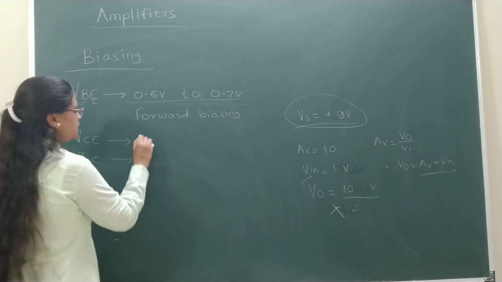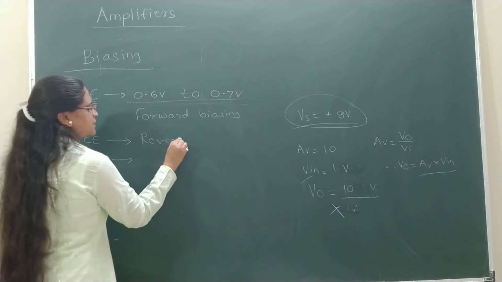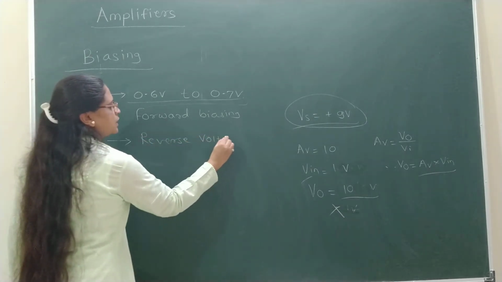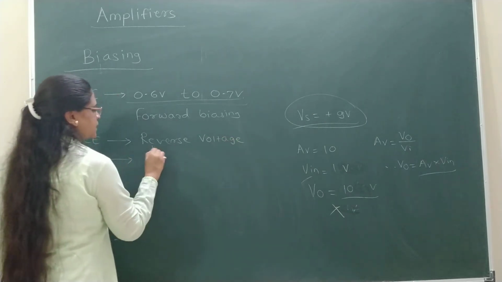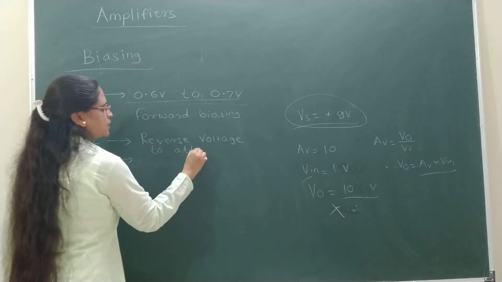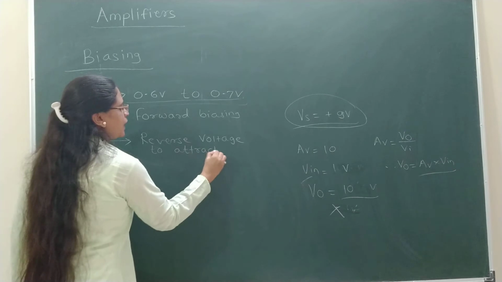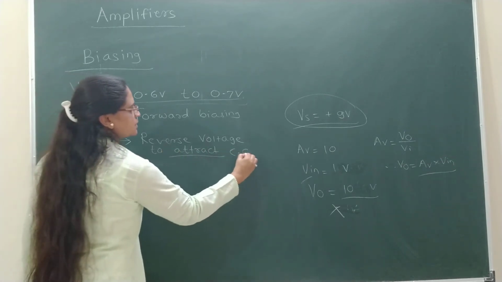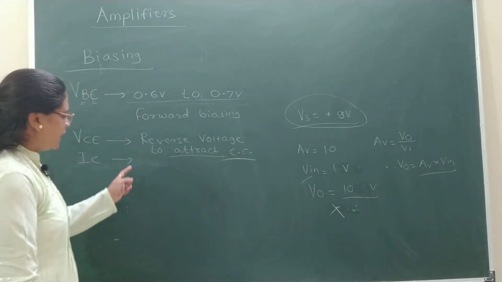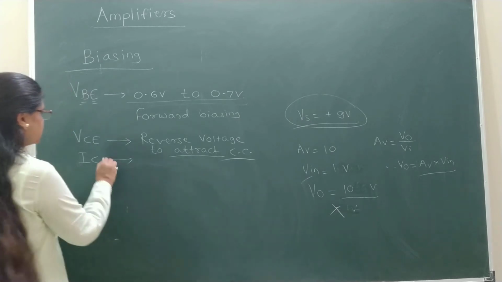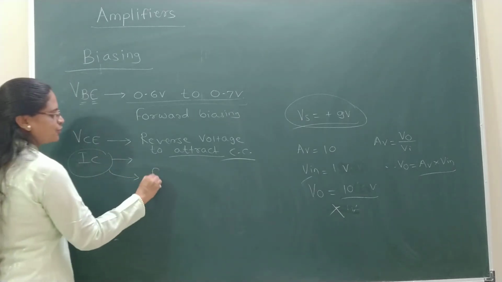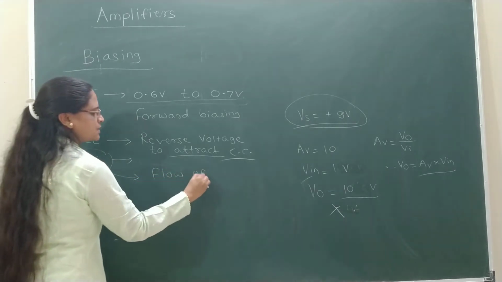So what is VCE? It is the reverse voltage which will keep on attracting charge carriers. So to attract charge carriers, reverse biasing is essential. And the movement of charge carriers is nothing but collector current. So the flow of charge carriers.